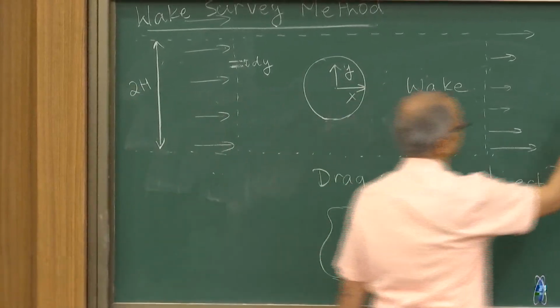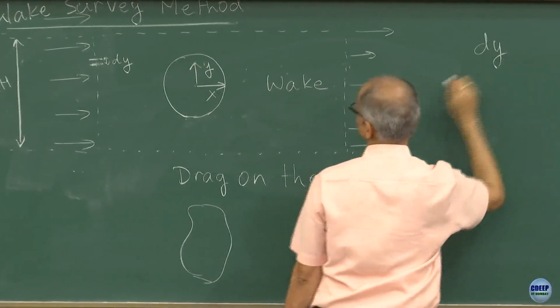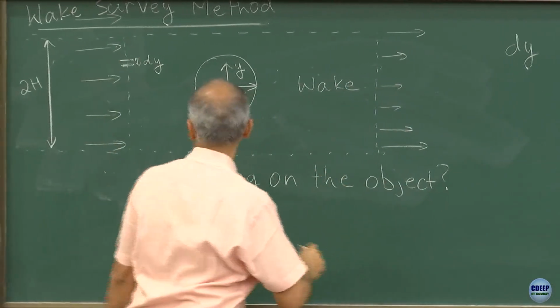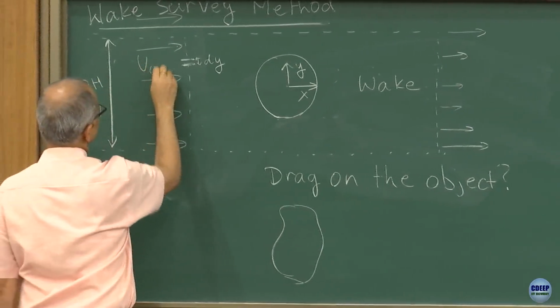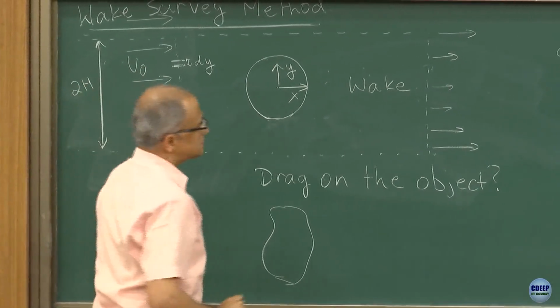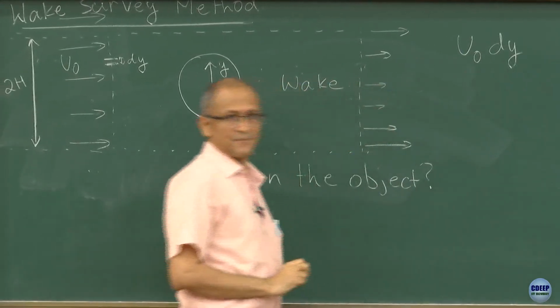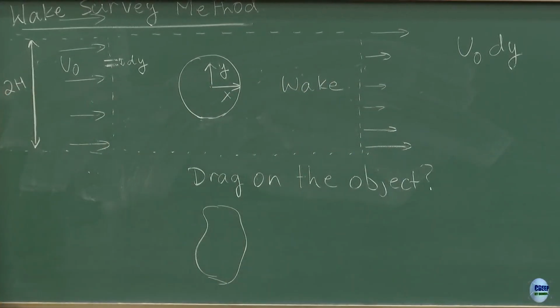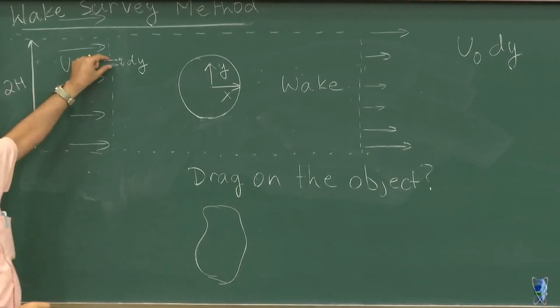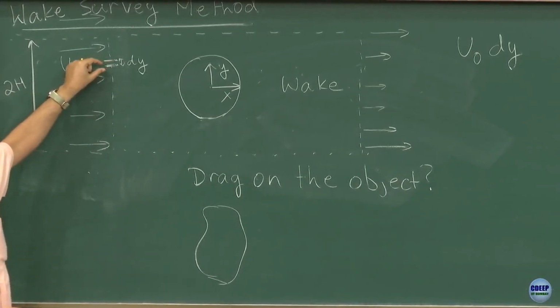So it is dy, and the flow which is coming in, let us say this has a velocity u naught. So, it's u naught times dy. This is the amount of volume which is entering through this small region here.